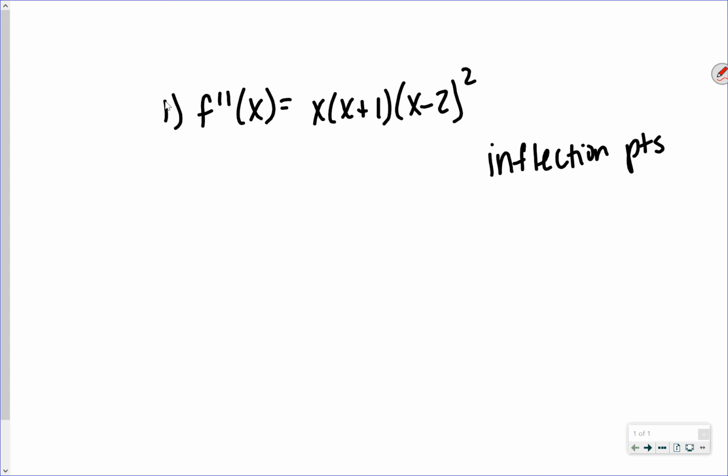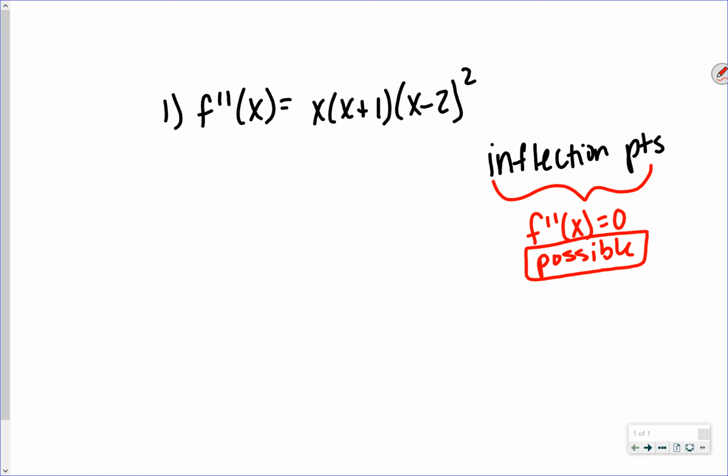So first of all, inflection points let me know the second derivative is equal to 0. Thankfully I was already given the second derivative, so I don't have to do any deriving, but these are just possible points of inflection. They don't guarantee that they are inflection points, so I still need to make a sign chart to make sure that there is a change.